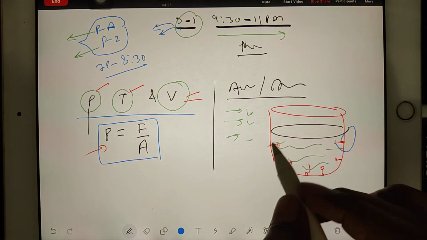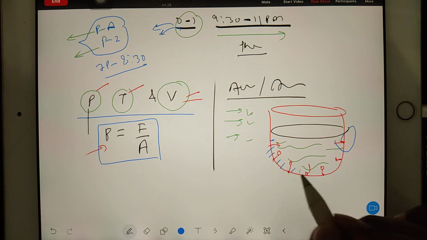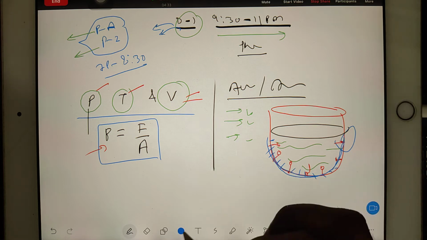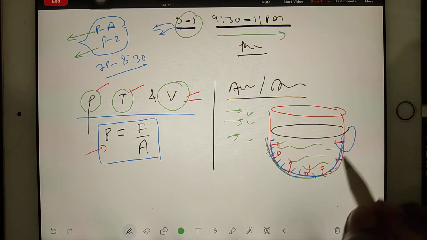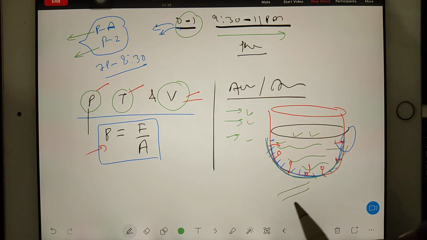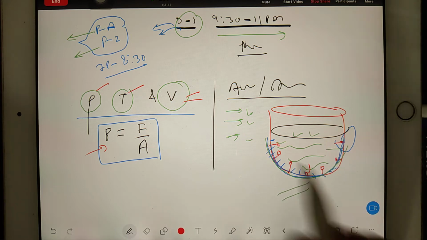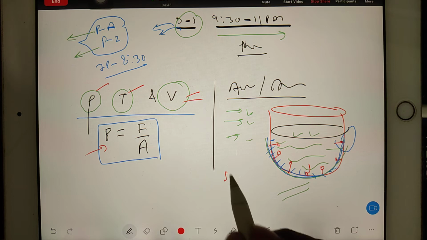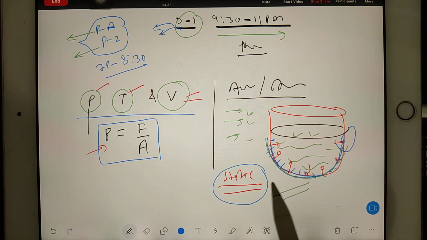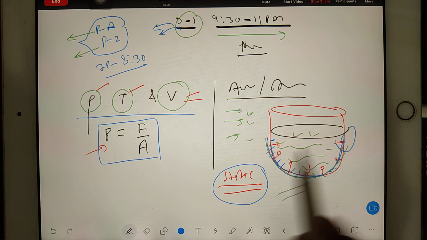When you calculate these bombardments over this complete surface, that is the static pressure of the fluid in this cup. Why am I using the word static here? The idea is very simple, because the fluid is at rest.